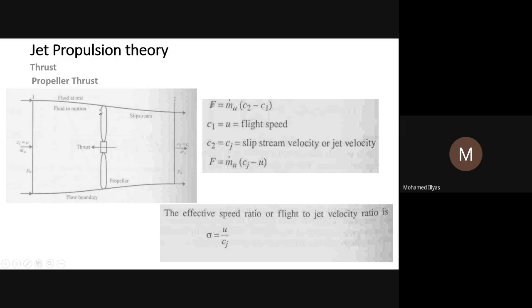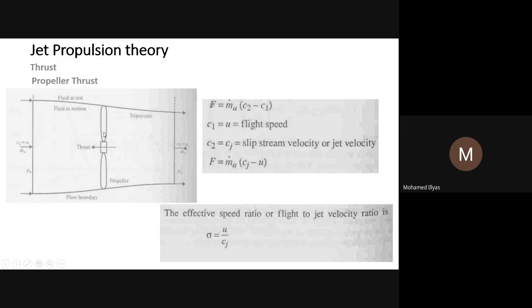When it just crosses this propeller, naturally a boundary will be formed that we call the flow boundary. Inside this boundary, the fluid will be in rapid motion. Here, the velocity will be relatively less outside this boundary because it is closer to the propeller.